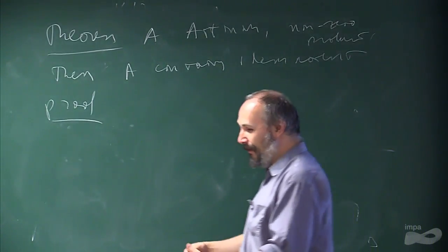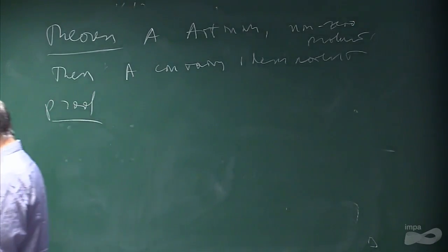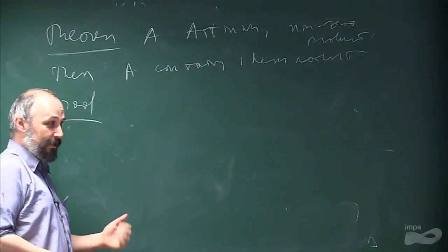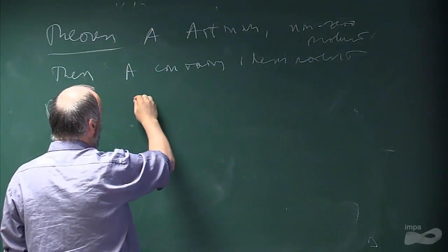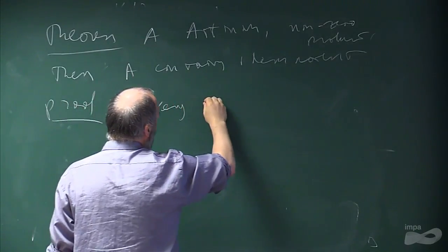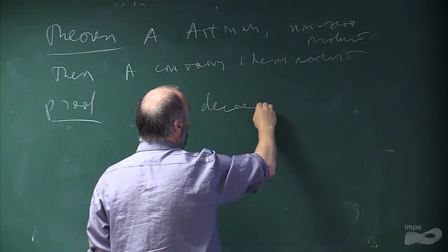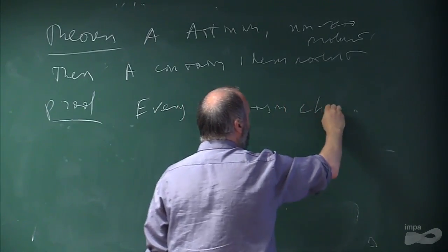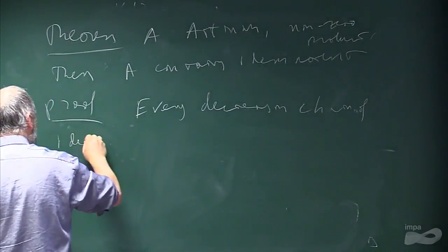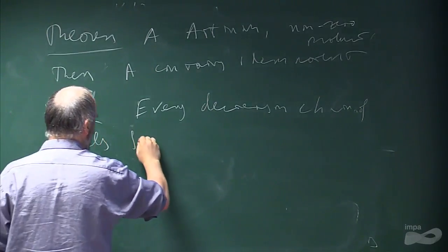So an Artinian algebra is an algebra which doesn't have decreasing chains of ideals, and clearly, in our case, every chain of ideals, decreasing or increasing, terminates, stabilizes, because it's finite-dimensional. So every decreasing chain of ideals stabilizes.